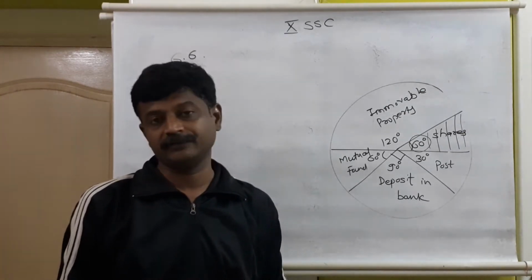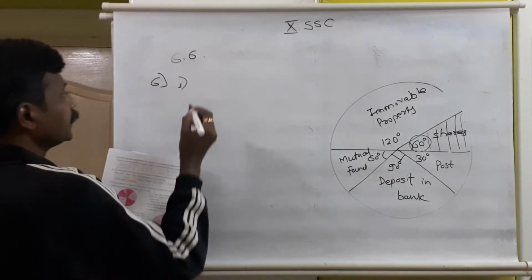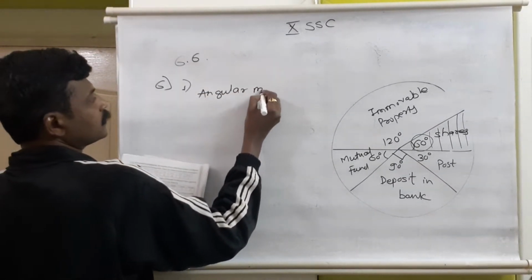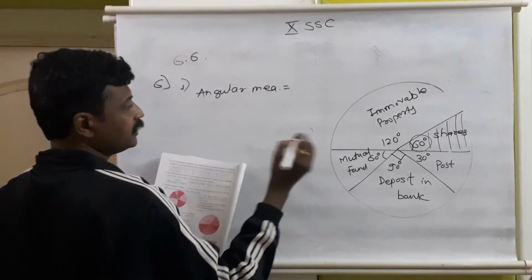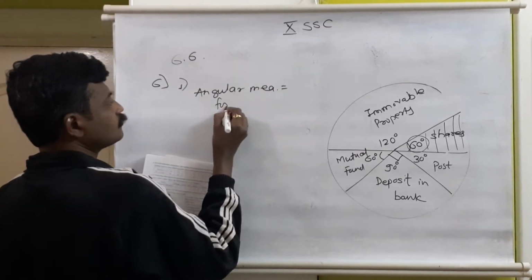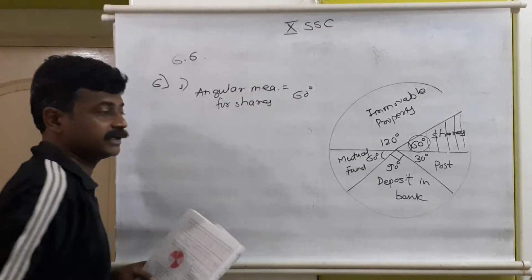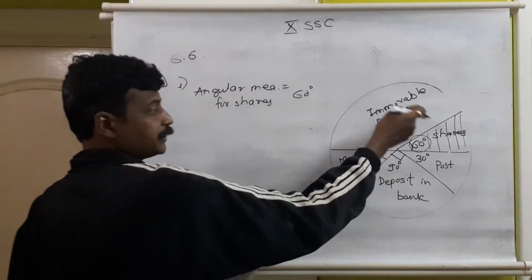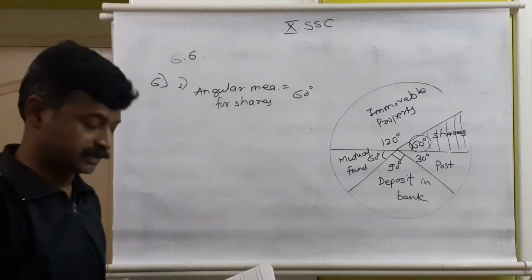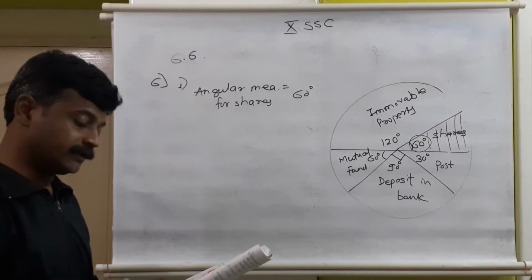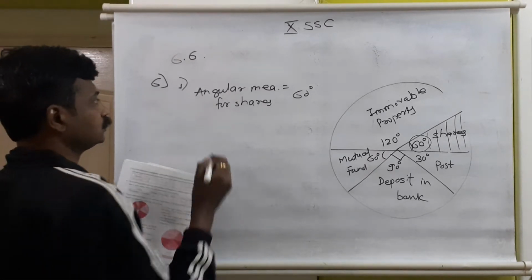Then find the total investment. How can we find it out? The angular measure for shares is given as 60 degrees. It is out of 360 because the angular measurement of a circle is 360.